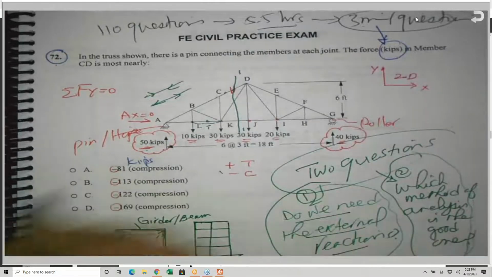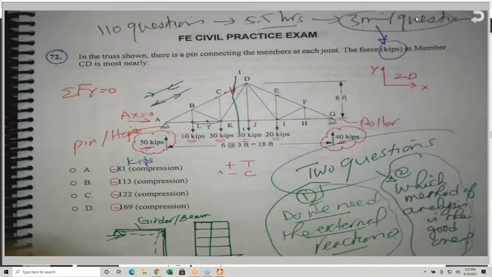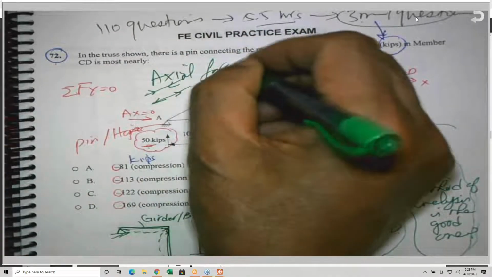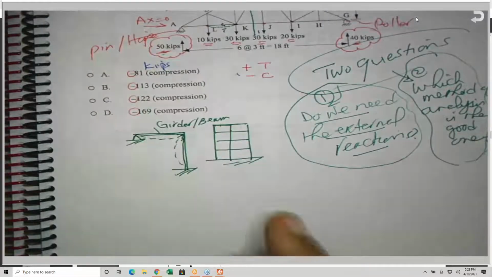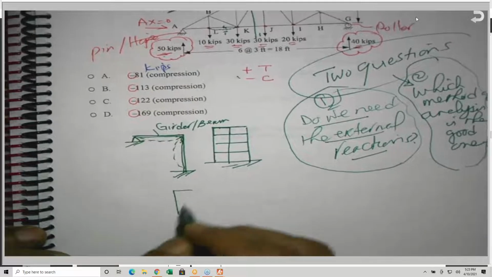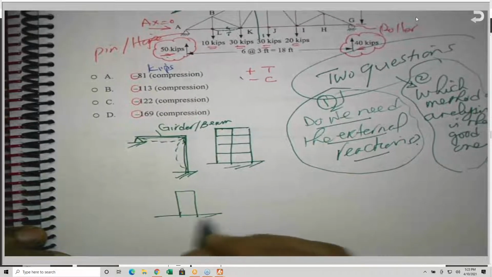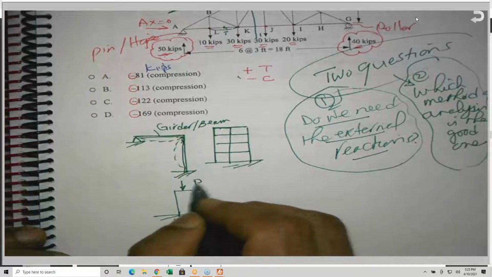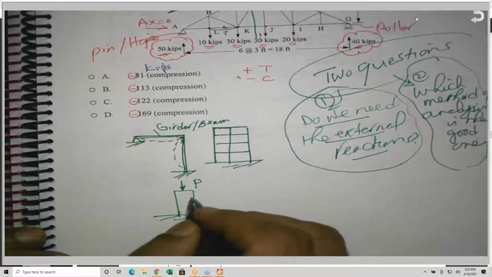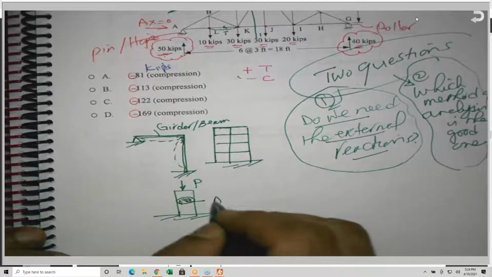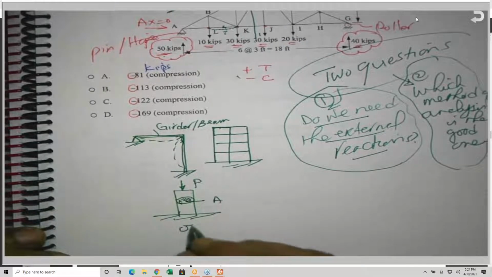So trusses are designed to carry only axial force, like this here. What is axial force? You have a member with an axial load P and the cross-sectional area A, so sigma is equal to P over A.